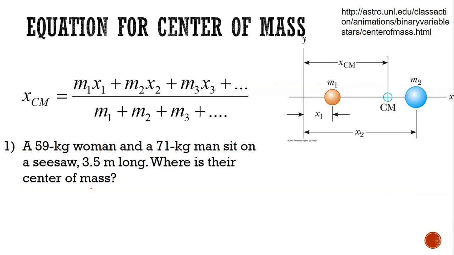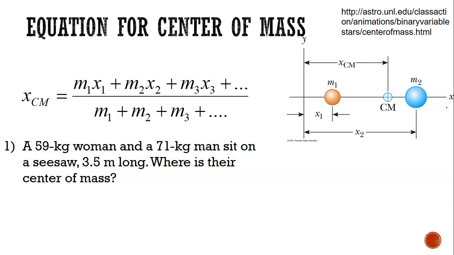So the equation for the center of mass looks like this. They usually write it as a summation, but I think it's easier to look at it like this. So this is just saying, if you're looking for the center of mass along the x-axis, it's the first mass times its coordinate plus the second mass times its coordinate plus the third mass times its coordinate over the sum of all of the masses.